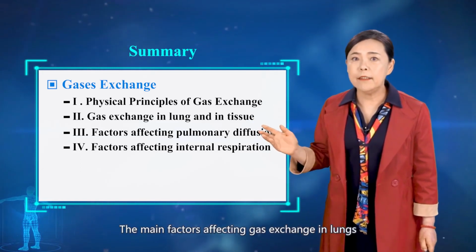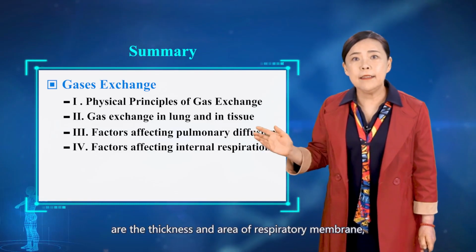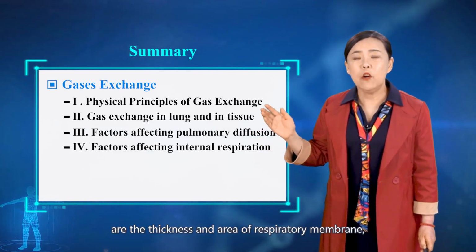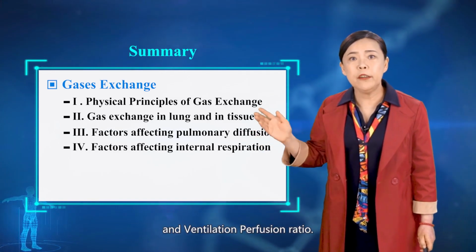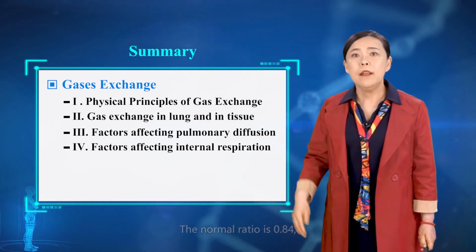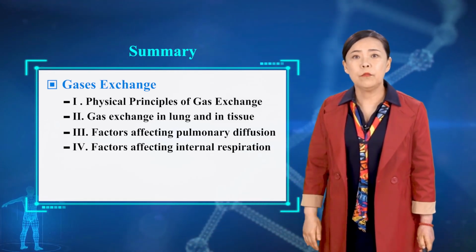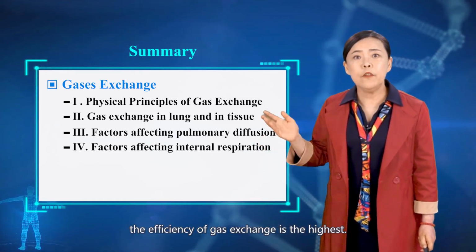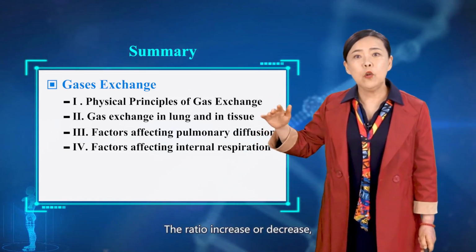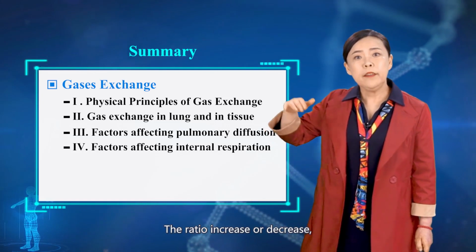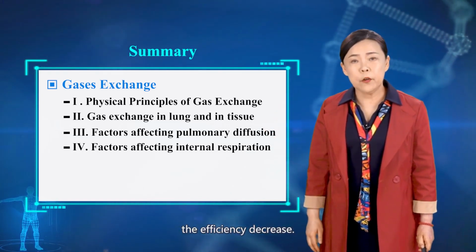The main factors affecting gas exchange in the lungs are the thickness and area of the respiratory membrane and the ventilation-perfusion ratio. The normal ratio is 0.84, and the efficiency of gas exchange is the highest. No matter whether the ratio increases or decreases, the efficiency decreases.